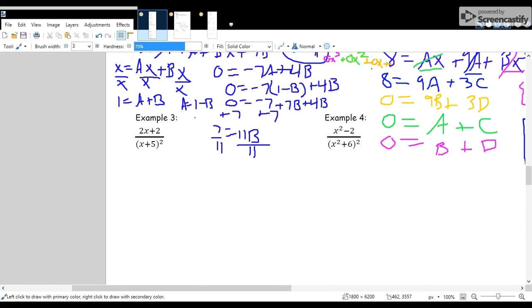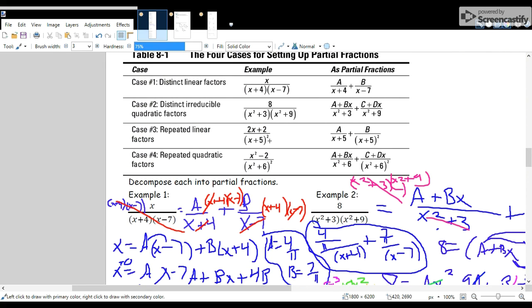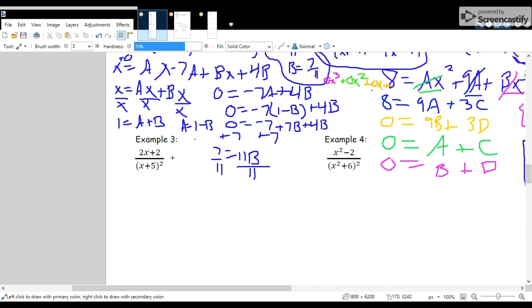Okay, let's look at example 3. So we have 2x plus 2 all over x plus 5 squared. So we have case number 3, so we're going to set it equal to this. So we're going to multiply each side by x plus 5 to the second power.